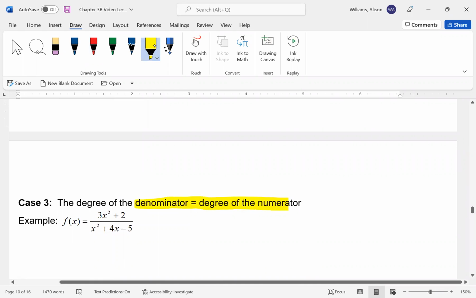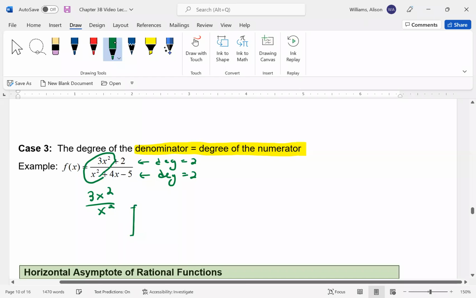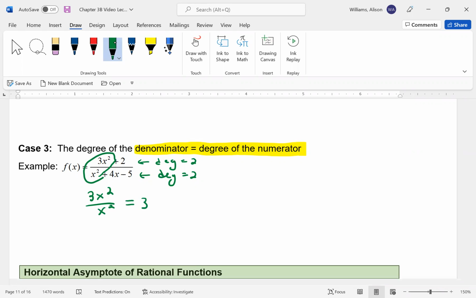If they're equal, using our comparison, in this case, numerator has a degree of 2, denominator has a degree of 2 also, comparing the two leading terms. That simplifies to 3. And oops, sorry, my screen moved while I was trying to write and it gets mad at me when that happens. That is the horizontal asymptote.